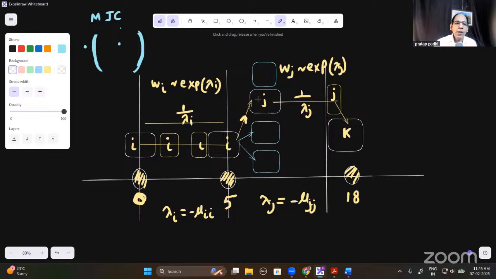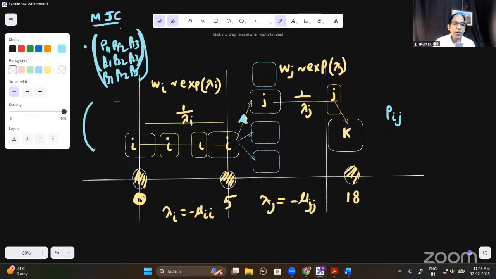So what is this Pij? Suppose I write P11, P12, P13, P21, P22, P23. I consider three states: P31, P32, P33. These are the probabilities, and they are not for a Markov chain. These are the Markov jump chain, and they are related to the generator matrix.